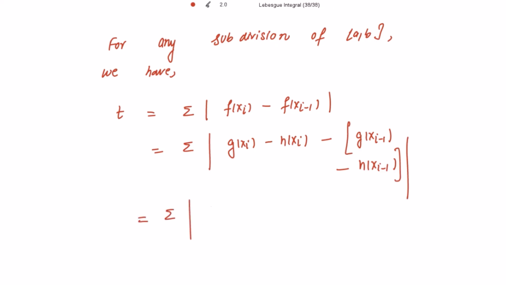So collecting the g(x_i) and g(x_{i-1}) together, and h(x_i) and h(x_{i-1}) together, and because I have the absolute value, I can write this further as less than or equal to the summation of the absolute value of g(x_i) minus g(x_{i-1}) plus the summation of the absolute value of h(x_i) minus h(x_{i-1}).